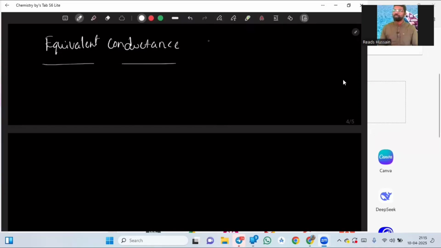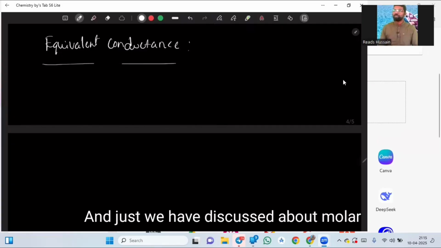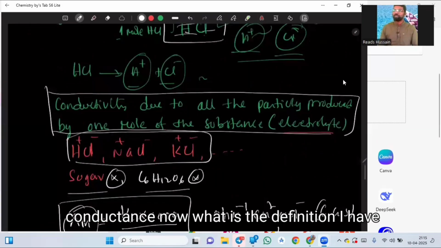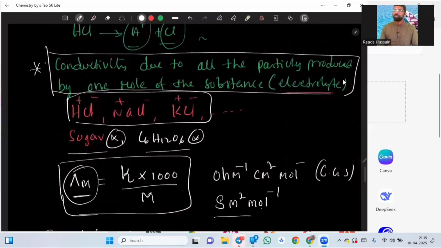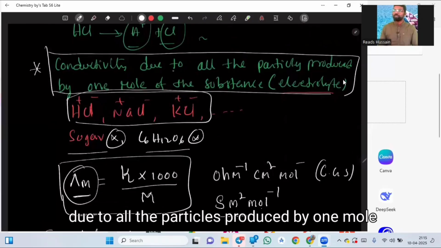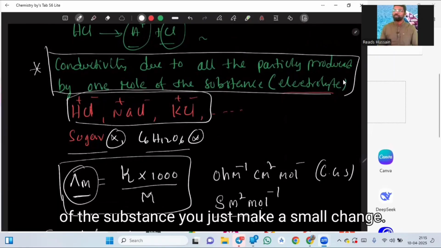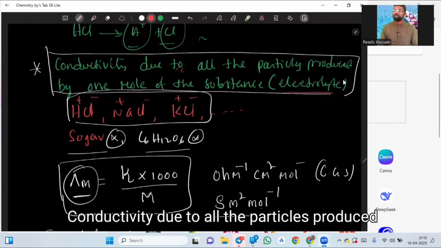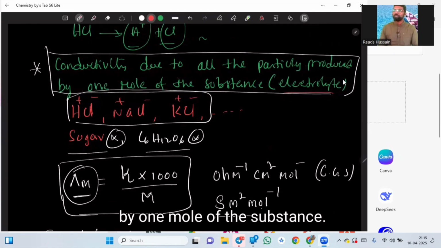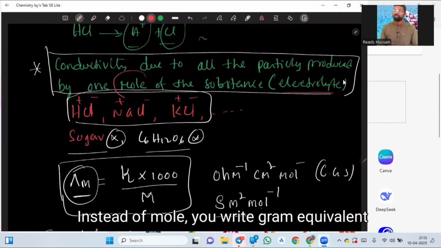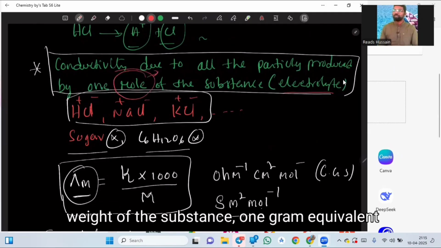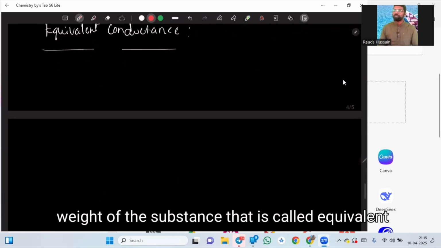Equivalent conductance. And just we have discussed about molar conductance. What's the definition I have given? Conductivity due to all the particles produced by 1 mole of the substance. You just make a small change. Instead of mole, you write 1 gram equivalent weight of the substance.